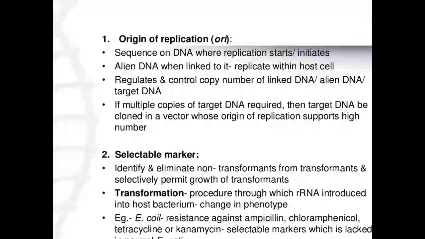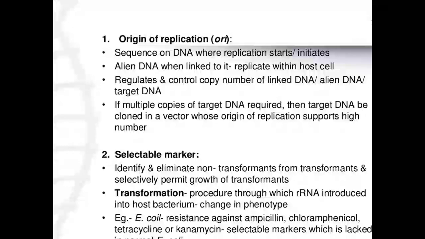If multiple copies of the target DNA are required, then the target DNA should be cloned in a vector whose origin of replication is high in number. Second very important criterion is the selective marker.